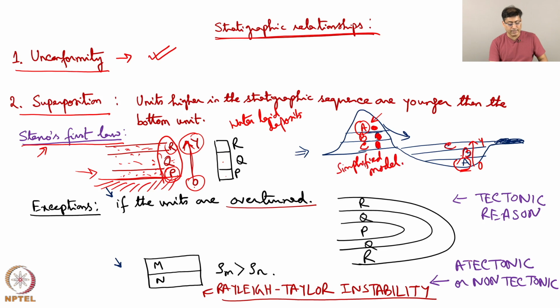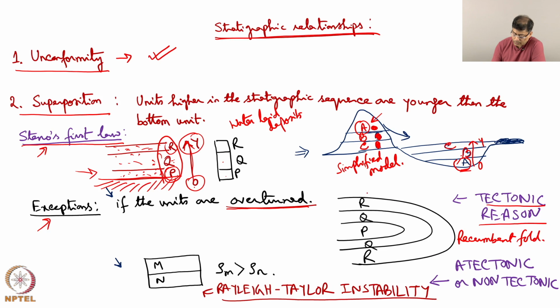Now, there are certain exceptions to Steno's first law. What if sedimentary deposits get overturned? Imagine due to some tectonic reason this PQR got folded in this way. This is a sketch of a recumbent fold, or we can call it a neutral fold.